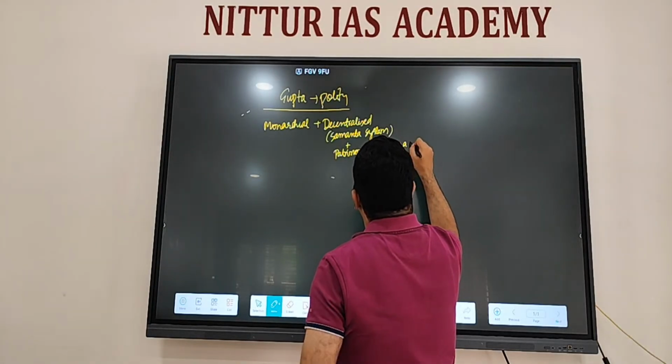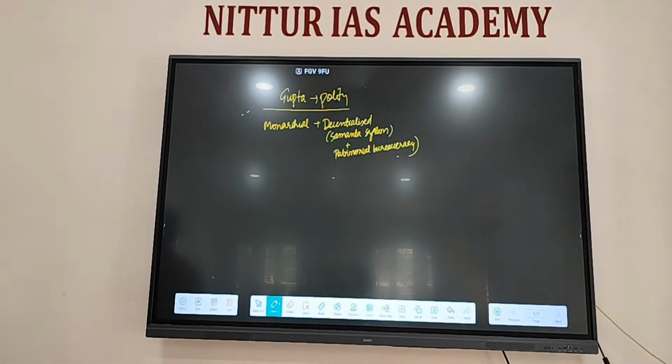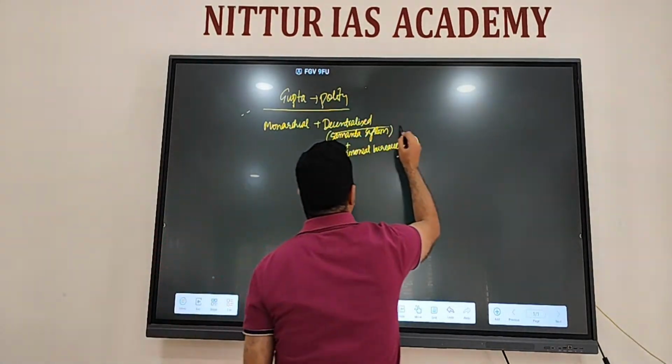In the case of the Mauryans, we discussed it was centralized administration with monarchical rule, but in the case of the Guptas you will find decentralized administration. Which type of system? Samanta bureaucracy, or patrimonial bureaucracy, making it a decentralized system.